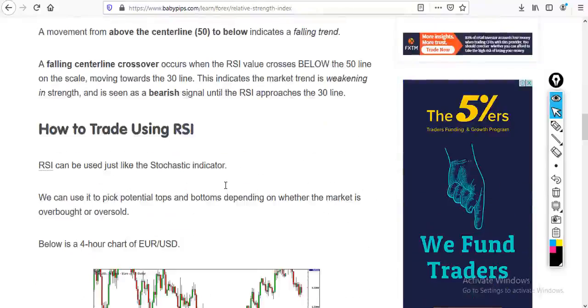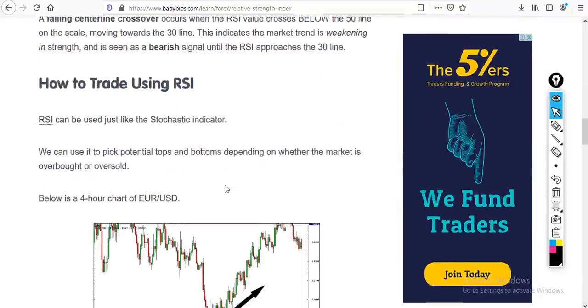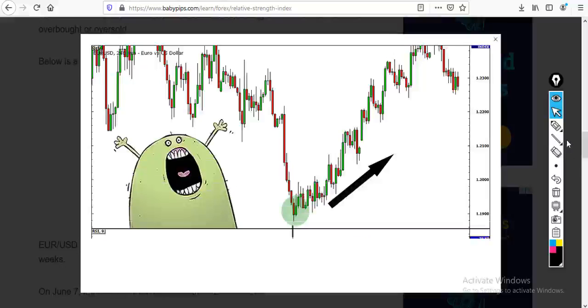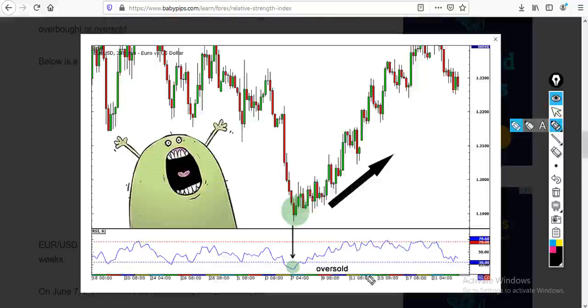Now let's look at how to trade using the RSI. If you put the RSI on your chart, this is the EUR/USD pattern, what it is showing us. You see price falling, and finally you spot price at this low here, you can take a buy. And when you take a buy, what happened? Price rallied to the top side. Okay, and this is beautiful.